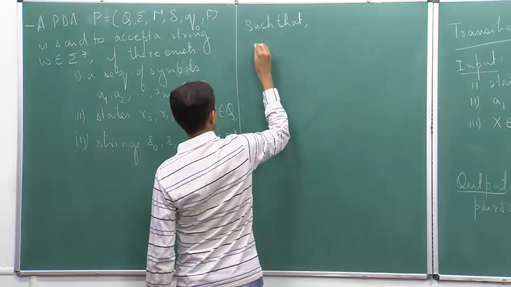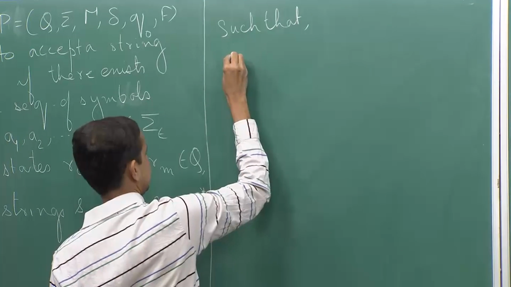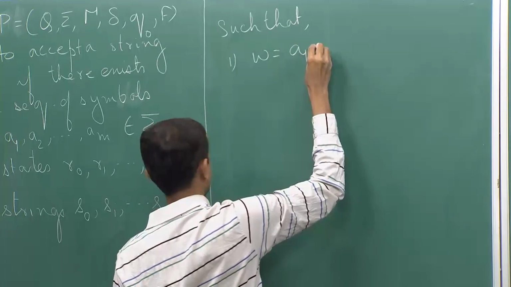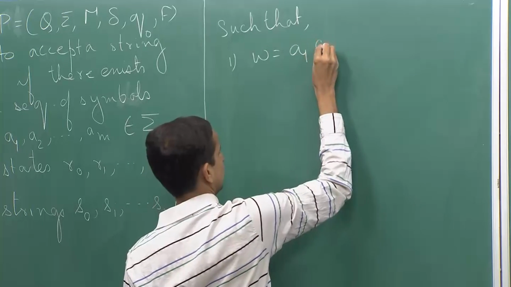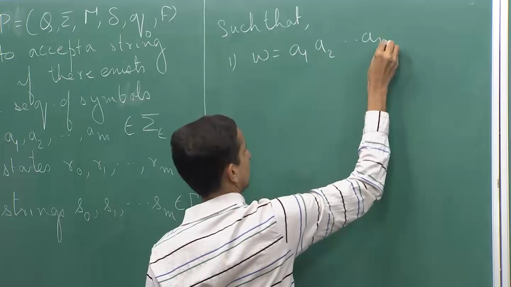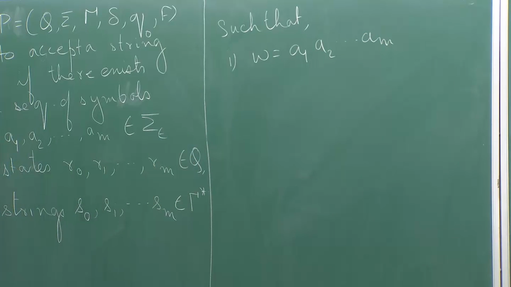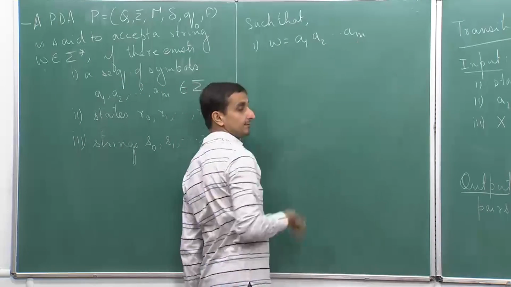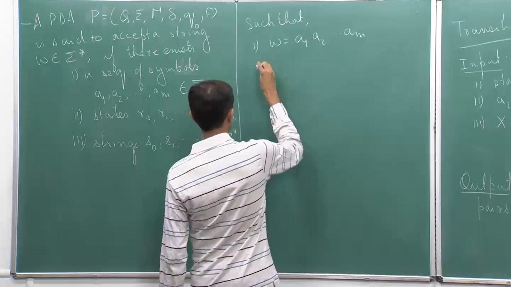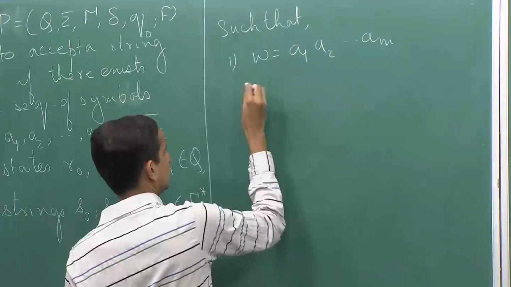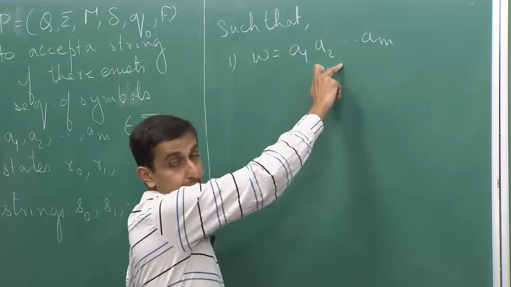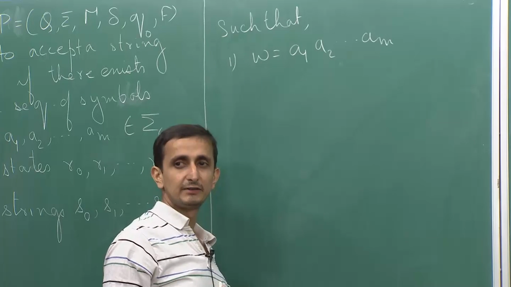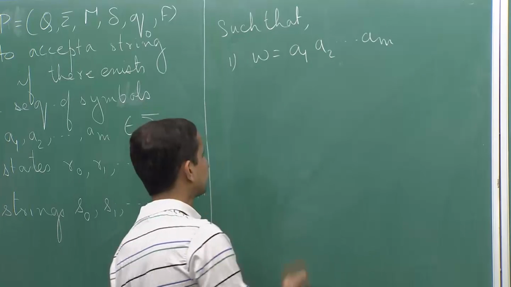Let me rephrase what I just said, such that, firstly, w is the concatenation of the symbols a1, a2 up to am. Whatever input w is given to us is nothing but the concatenation of the symbols that I read at each step. Note that some of these can be empty, so the length of w is not m; it is less than or equal to m.